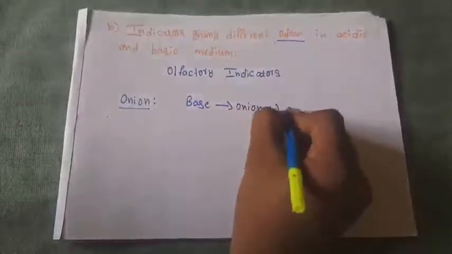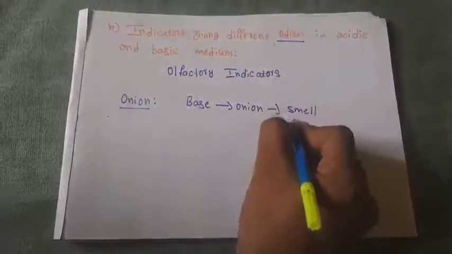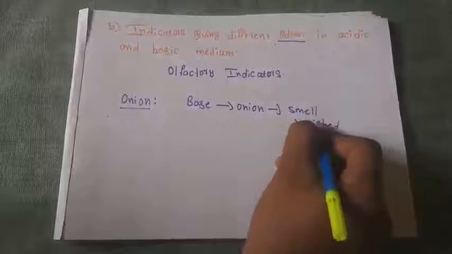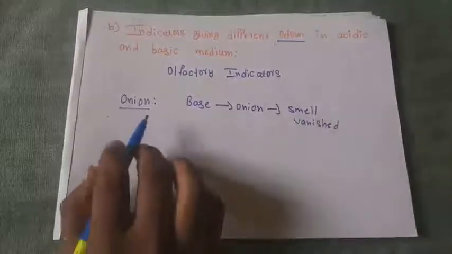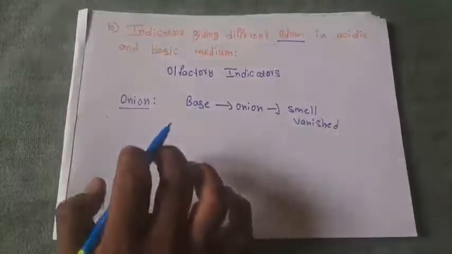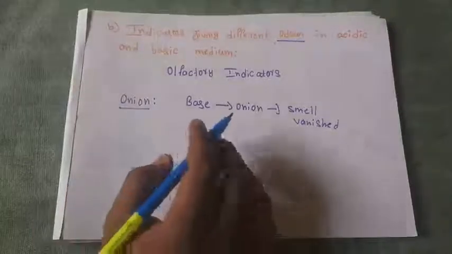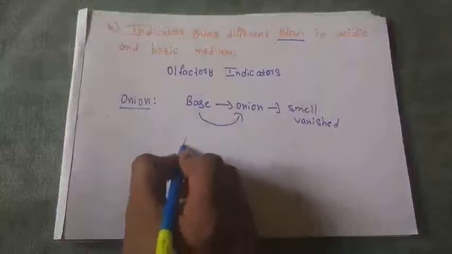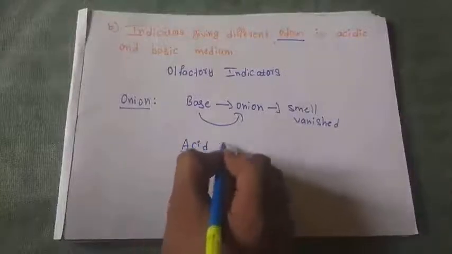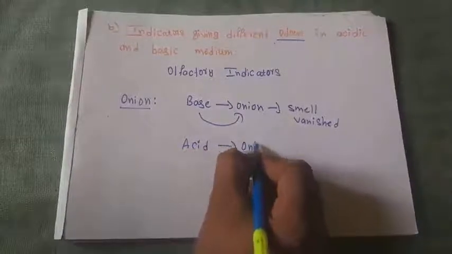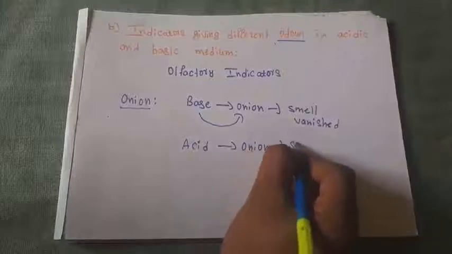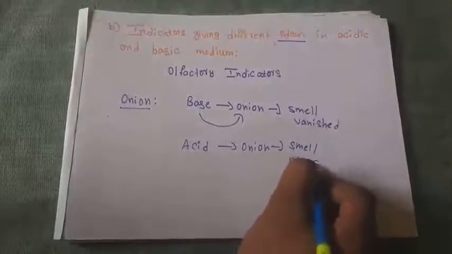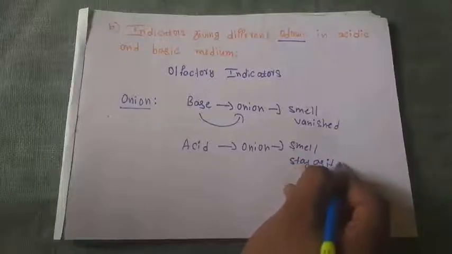The smell vanishes. Whatever characteristic smell the onion has, it vanishes when you add base. But when you add acid, the smell stays as it is.